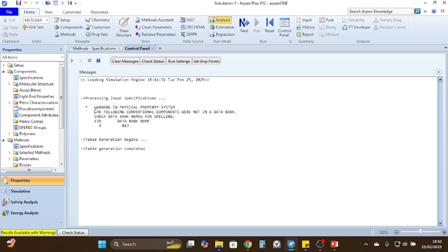It is telling that the following conventional components are not in a data bank. So it is obvious because we have not taken it from the data bank itself.